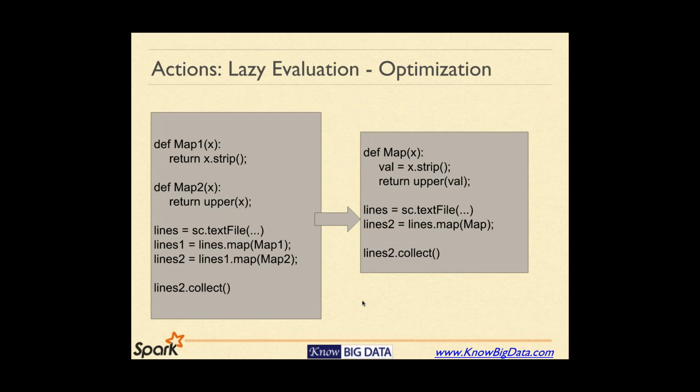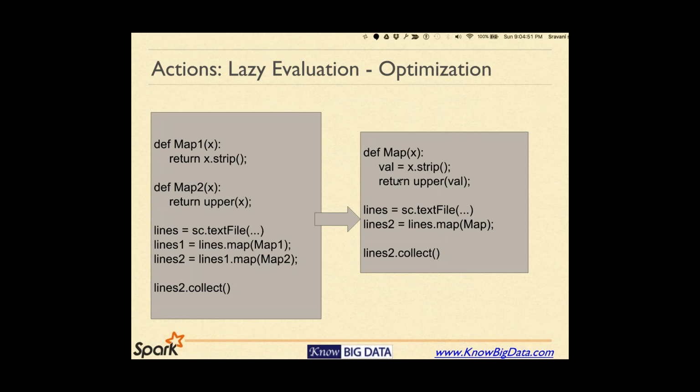All right. Now, Sekhar's question is with respect to the lazy evaluation. So the map 1 and map 2 will not run subsequently one after another. Instead they will run together.